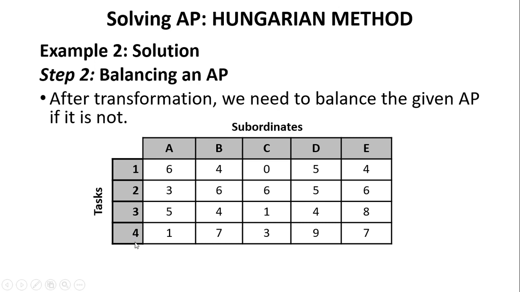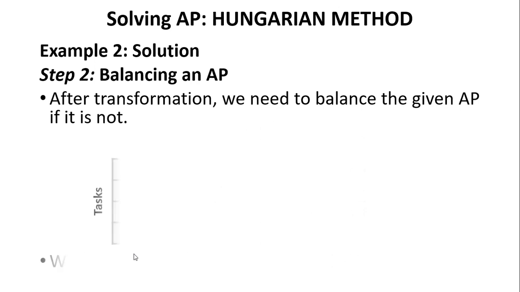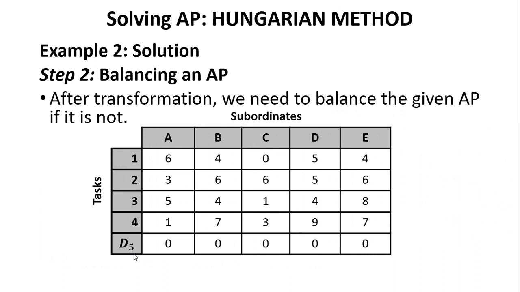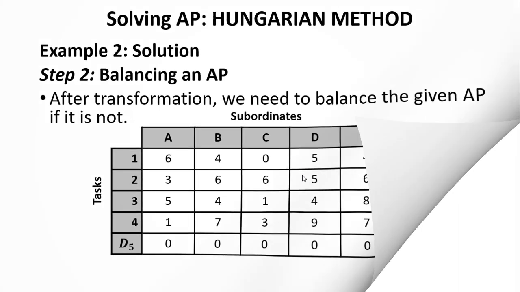So we need to balance by adding a dummy task which is going to have 0 coefficients. So we are going to add that dummy task, and this is the matrix which has been added a dummy task. So you can see we have row 5 with the dummy entries of zeros, and now this assignment problem is balanced.